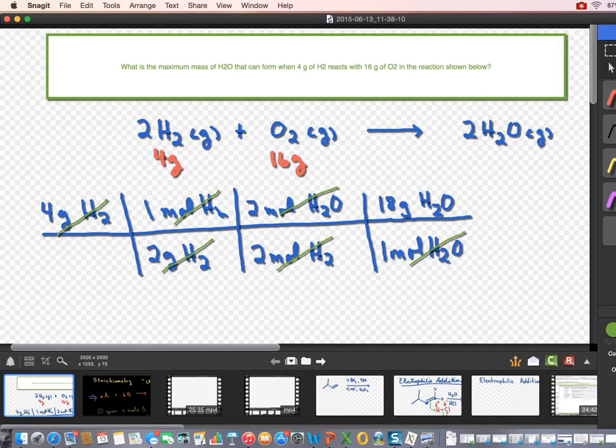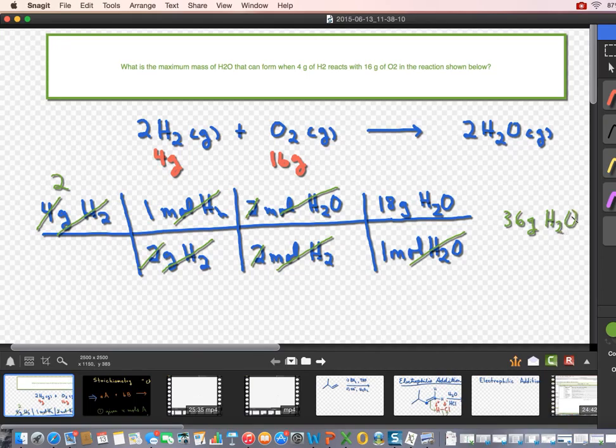I can now cancel out some numbers because I have 2 on the top, 2 on the bottom. That becomes 1 over 1. I have 4 on the top, 2 on the bottom. That becomes 2 over 1. So at the end of everything, I have 2 times 18, that is 36 grams of water.